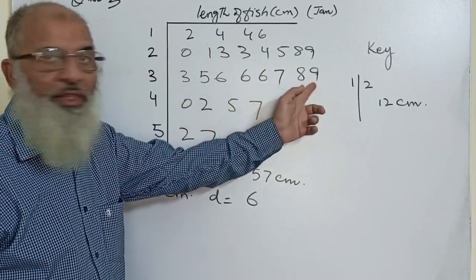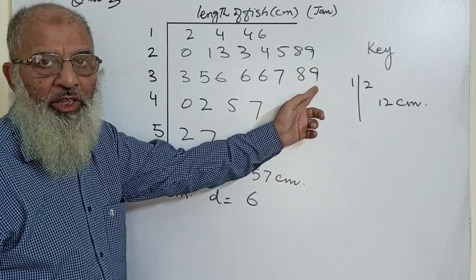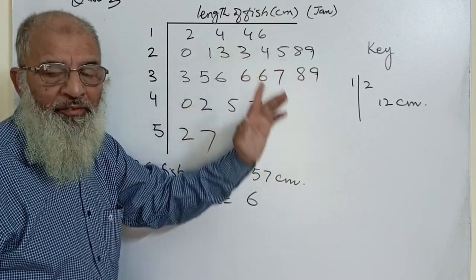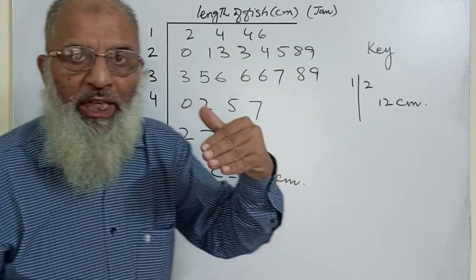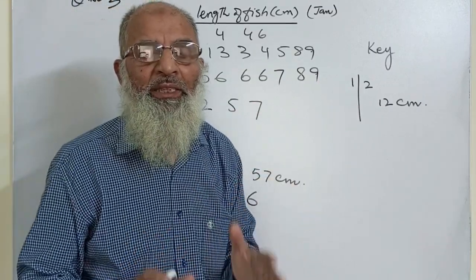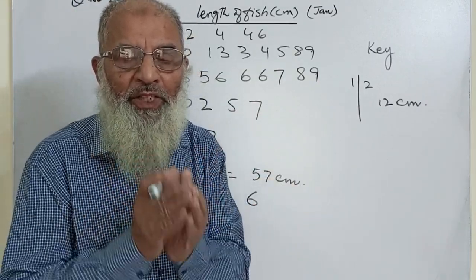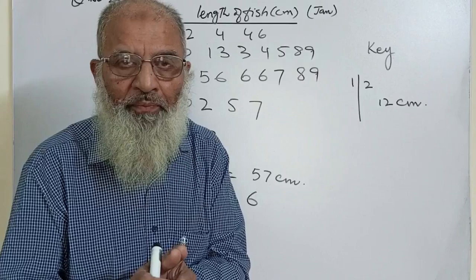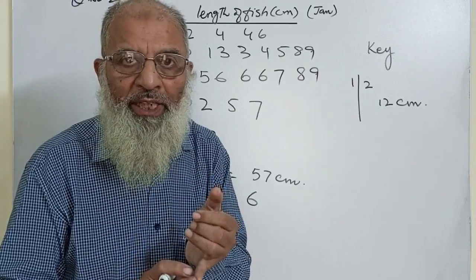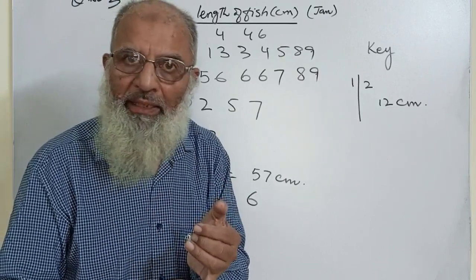This is the average fish which we have caught. But if the pollution level has increased, it means that the fish is not growing properly and it is not gaining weight and not gaining the length.